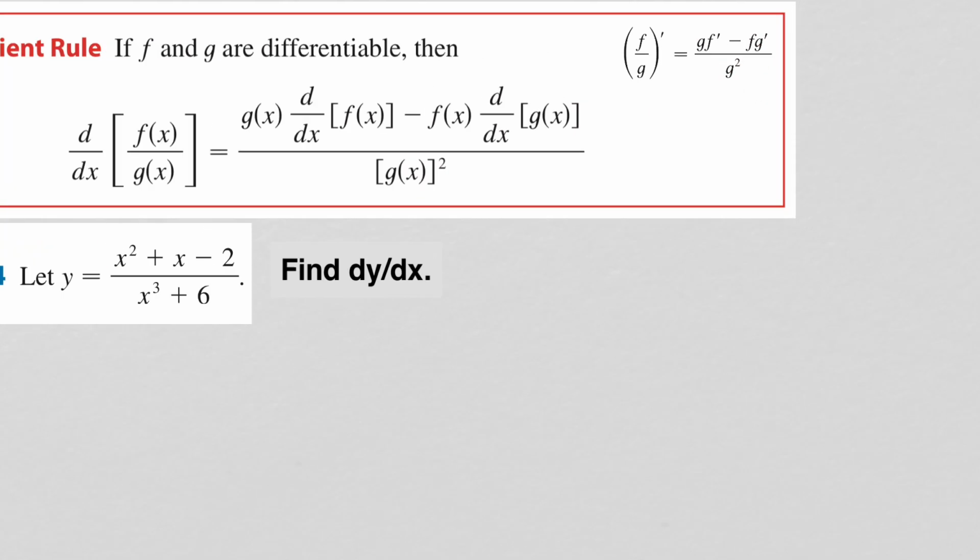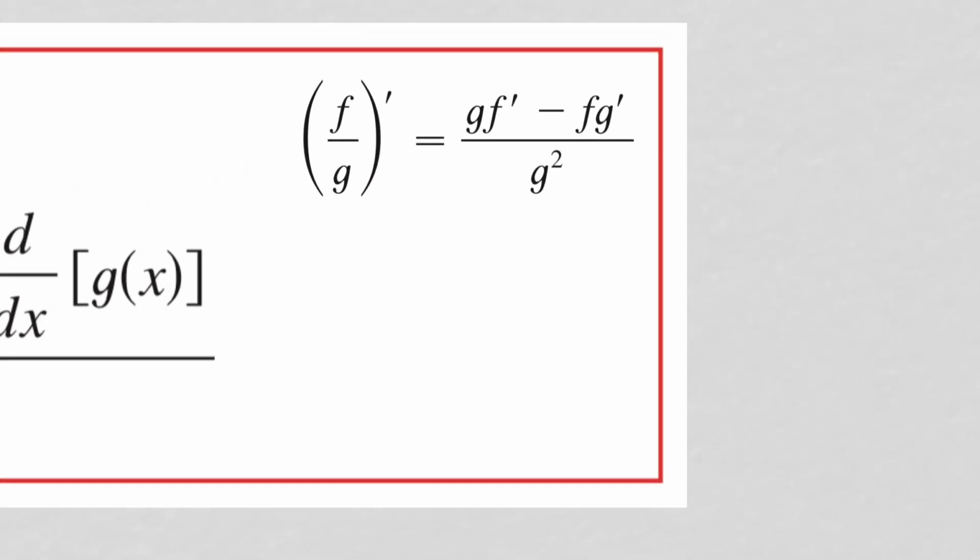Now, again, I don't really care much for the f and the g notation. So the way I like to think about the quotient rule is I like to think that I have a top function and a bottom function.